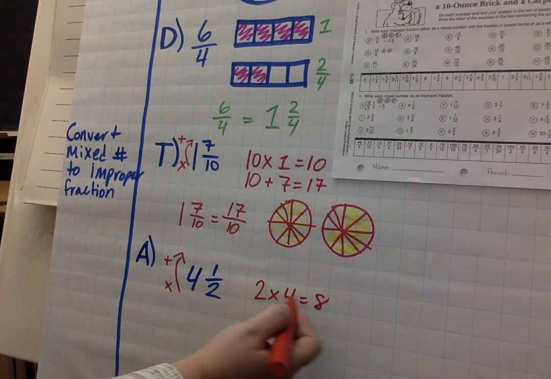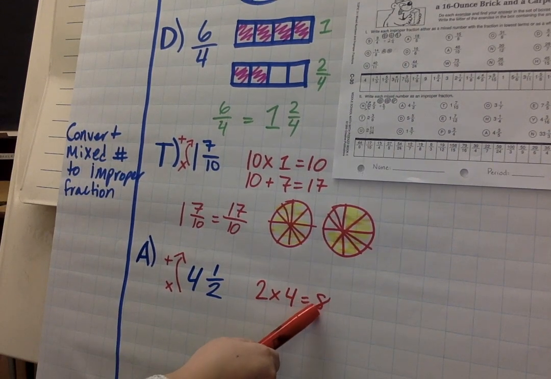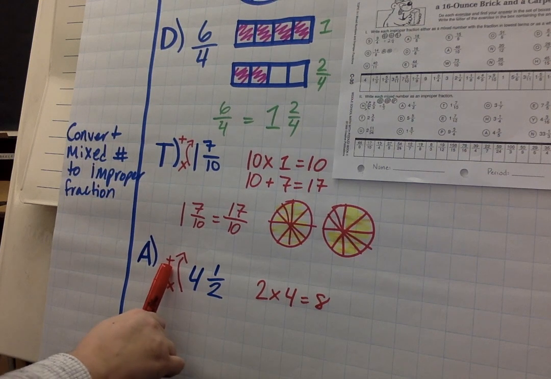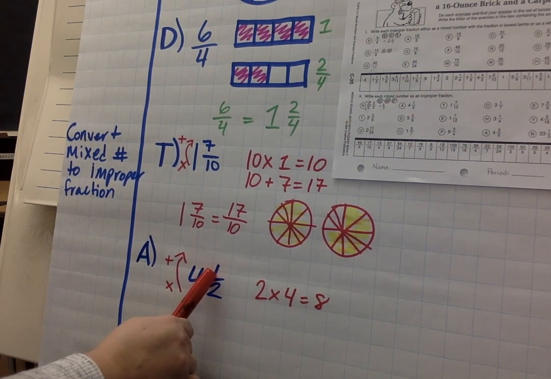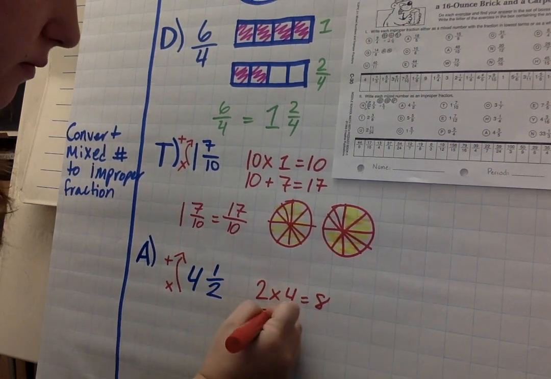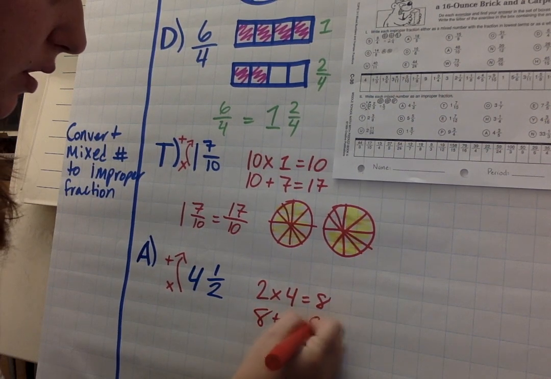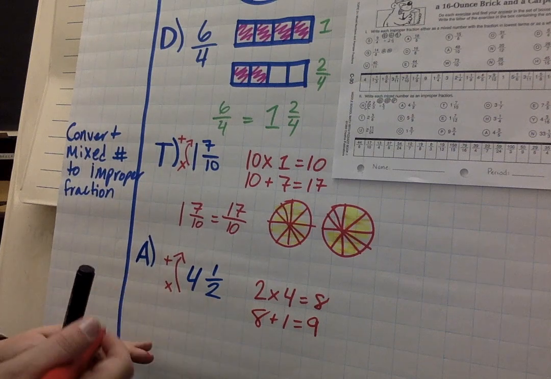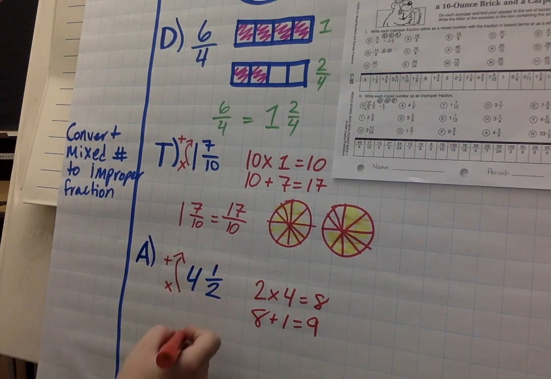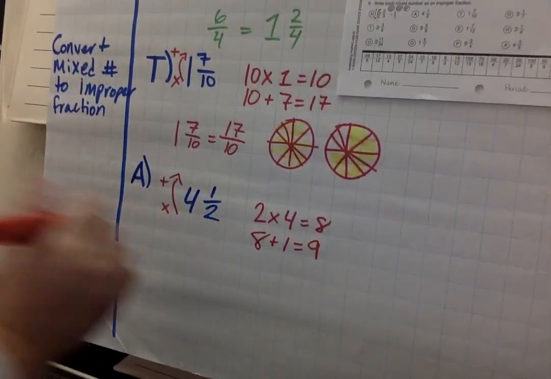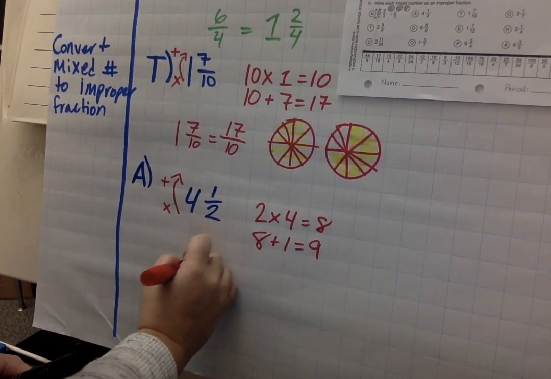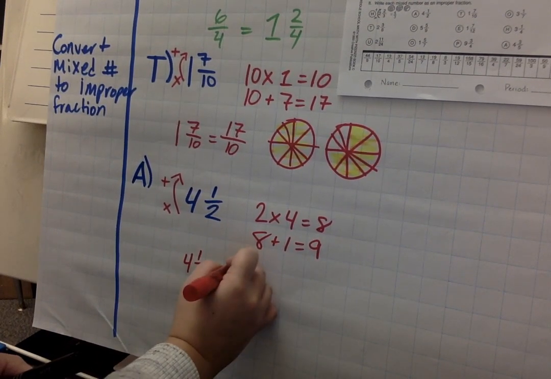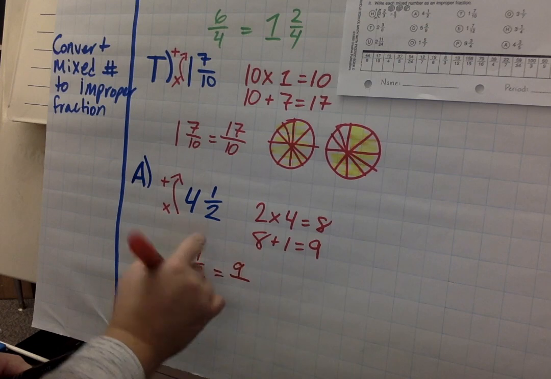Okay, so 2 times 4 is 8, and I'm going to add this product. Here's my plus sign. I'm going to add this product to the 1. And I get 9. Okay, so then when I write my improper fraction, it's going to look like this. So 9 over 2.